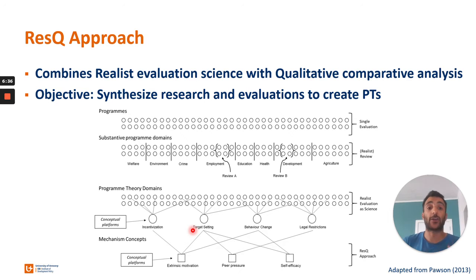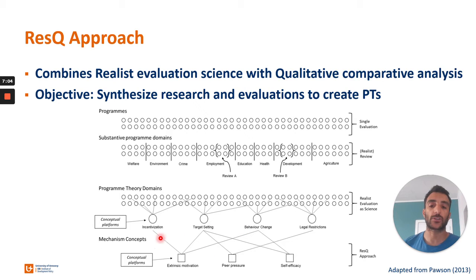And so therefore I go to a more, let's say, atomic level, right? And use the mechanisms as a conceptual platform, because indeed a mechanism like extrinsic motivation or peer pressure or self-efficacy, they occur in the different program theories. For example, extrinsic motivation occurs in incentivization, is relevant for target setting, is also probably relevant for behavior change.